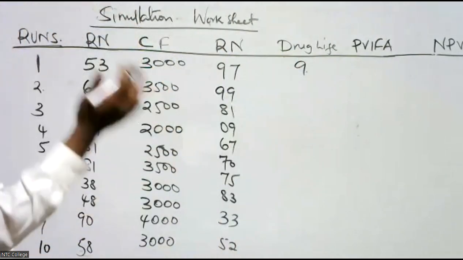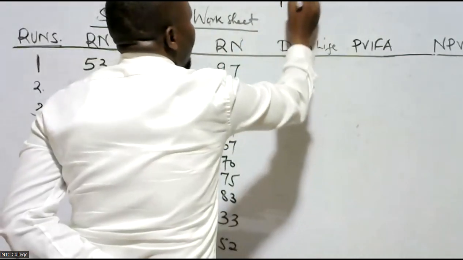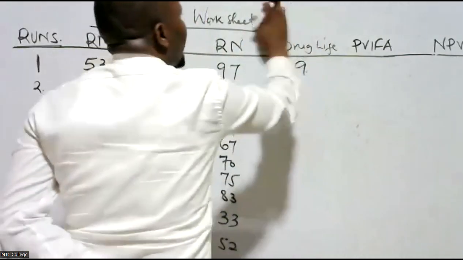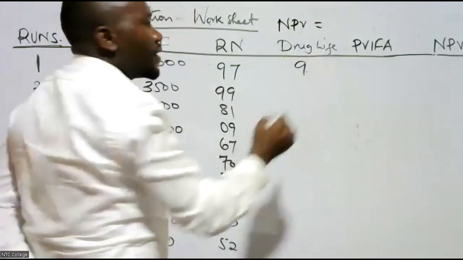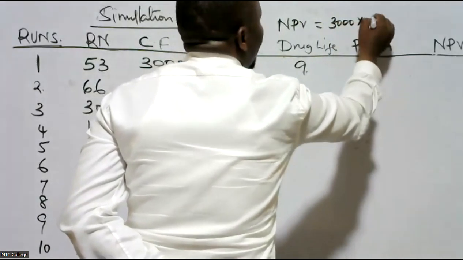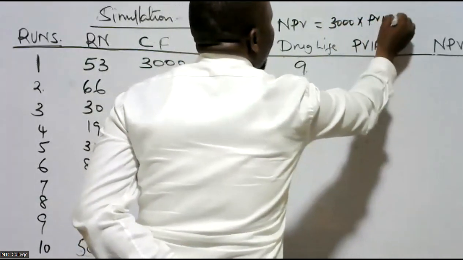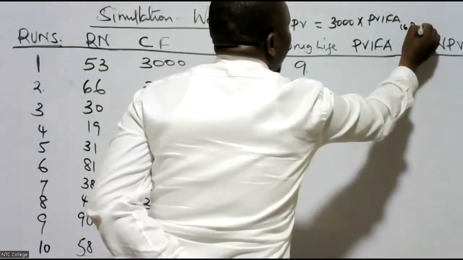So now that you have the years and you have the cash flow, let's say that you're getting the NPV. You can say it's the cash flow, which is 3,000, times the PV factor, because it is the same for 9 years. So PV factor at 16%, 9 years.